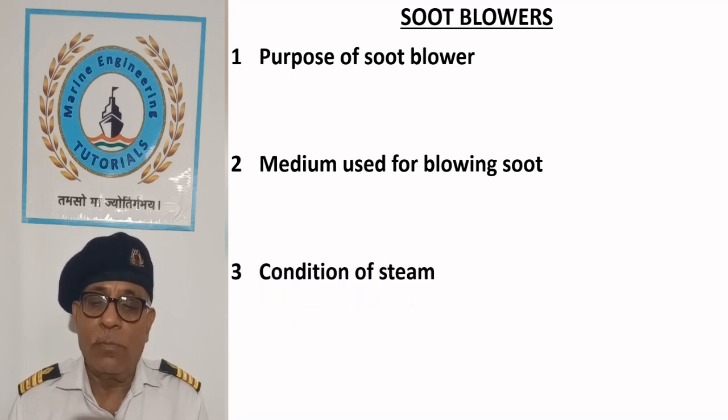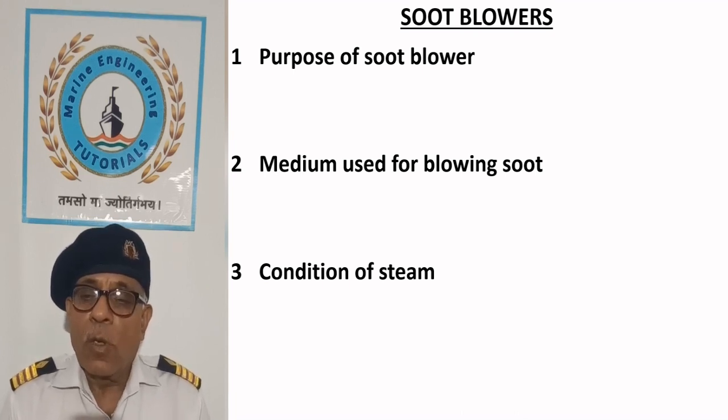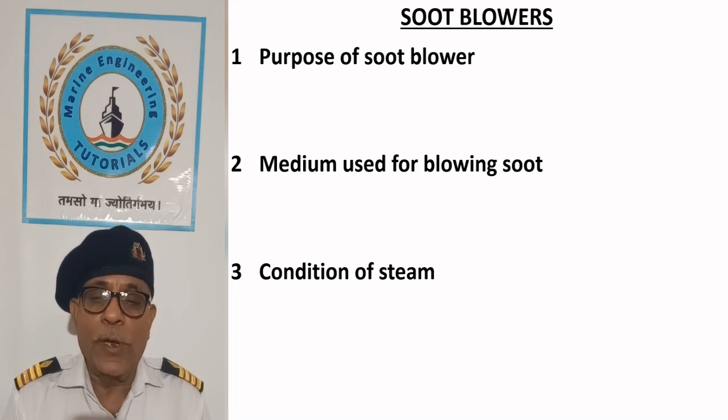Condition of steam. Steam used for blowing the soot should be superheated so that the boiler tubes are not affected by erosion caused by the water droplets contained in the steam.